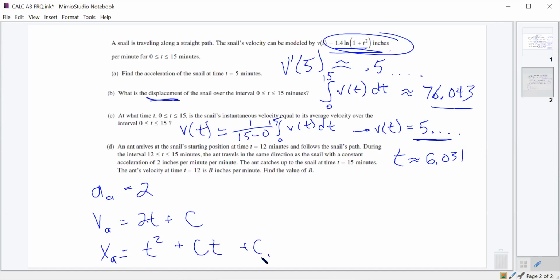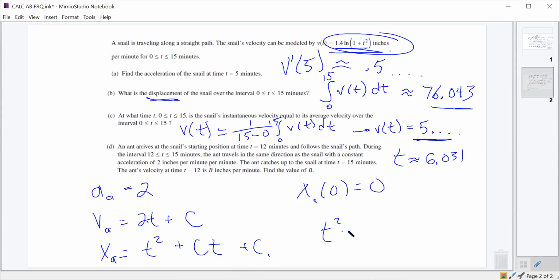Now, we know that the position of the ant at t equals 0 needs to be 0, because that's what it says. It started at the place where the snail started, so this constant ends up being 0.